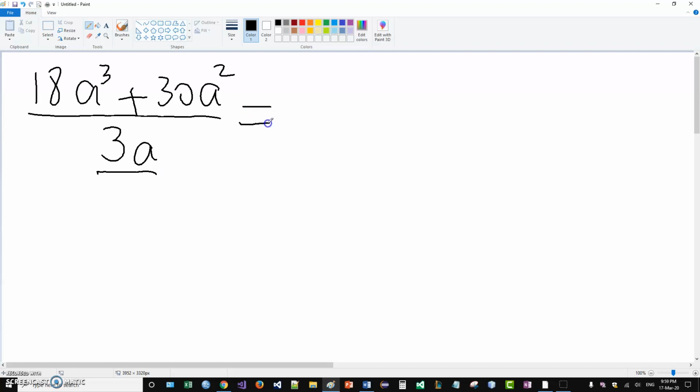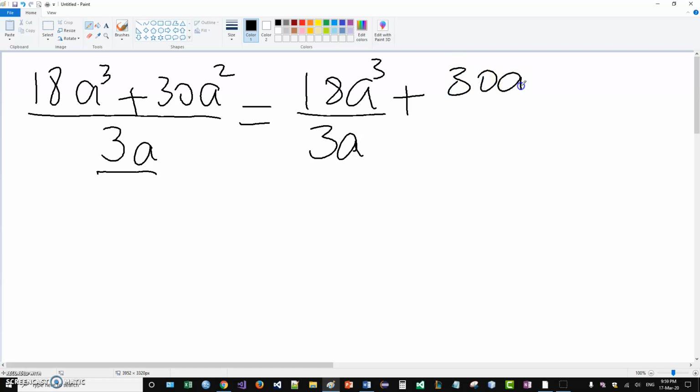So the answer would be something like this: 18a cubed over 3a plus 30a squared over 3a. Now simplify each term. 18 over 3 is 6.